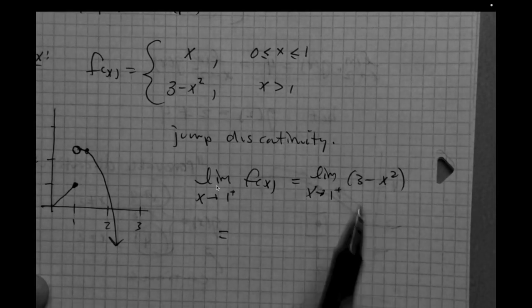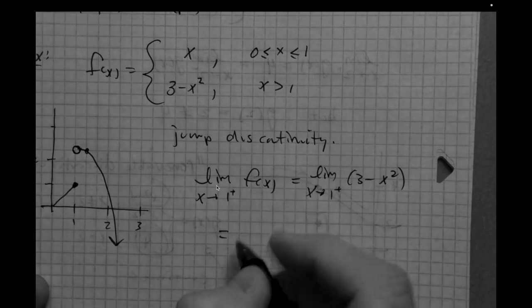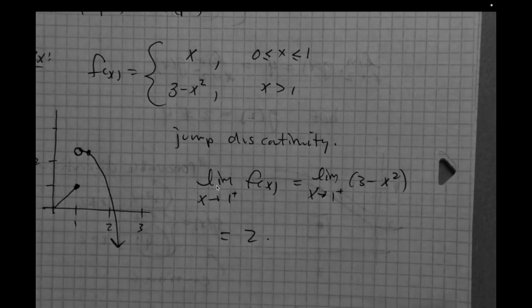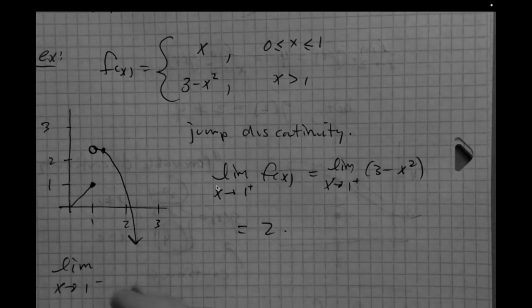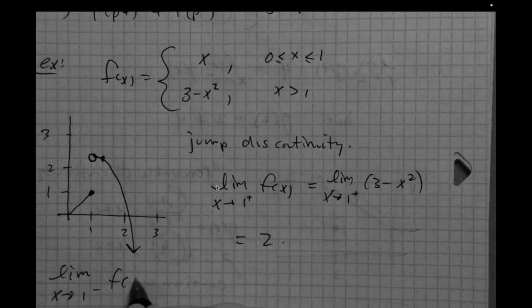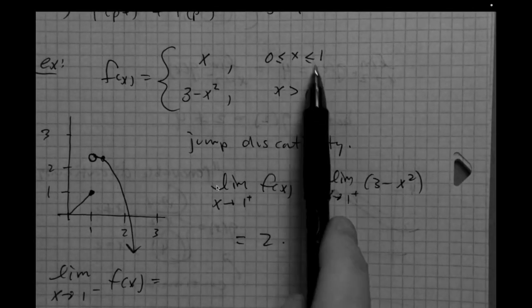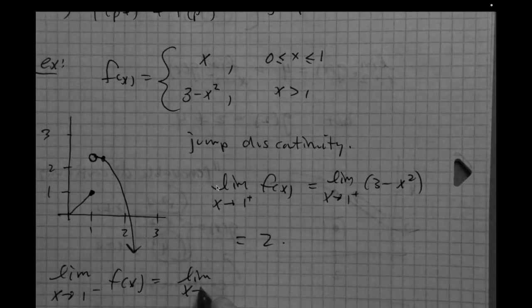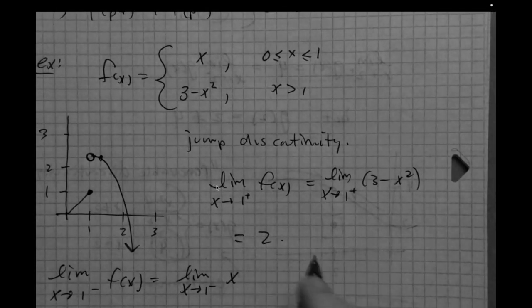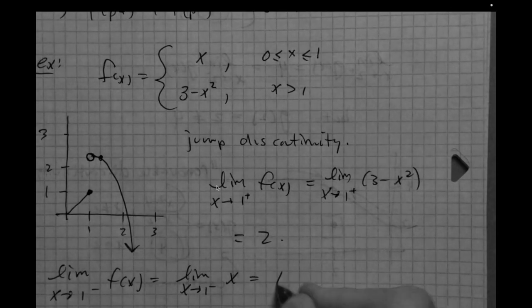And we can see that that's 3 minus 1, so it's 2, right? What about from the other direction? The limit as x approaches 1 from the left-hand side. Well, if we're approaching 1 from the left-hand side, that means we're just here. So it's the limit as x approaches 1 from the left of just x, and we know that that is going to equal 1, right?